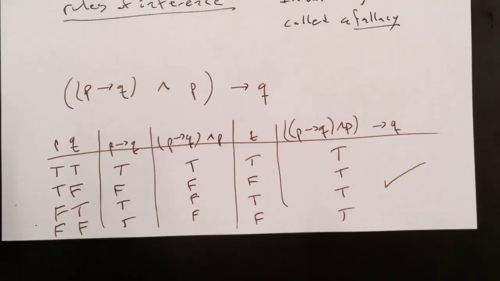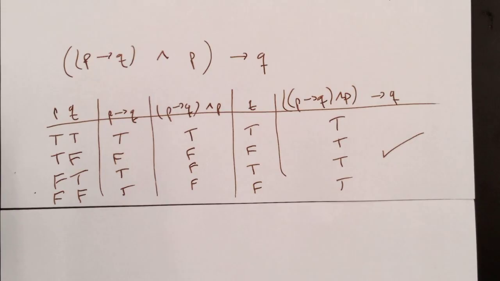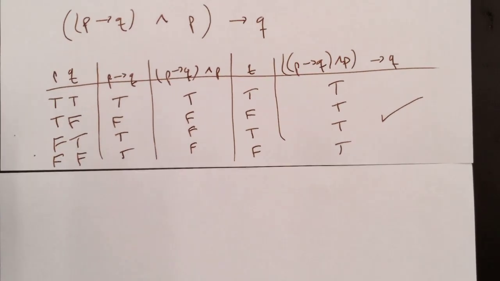That is a tautology. So I would say that if you gave me any set of logical statements that matched this form, that would be a valid argument. If the floor is dirty, then I need to vacuum. The floor is dirty. I need to vacuum. What the content of the sentences are is irrelevant. The actual form of the sentences is what matters.